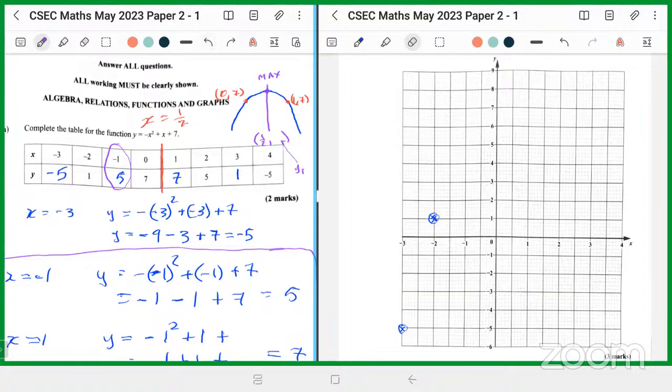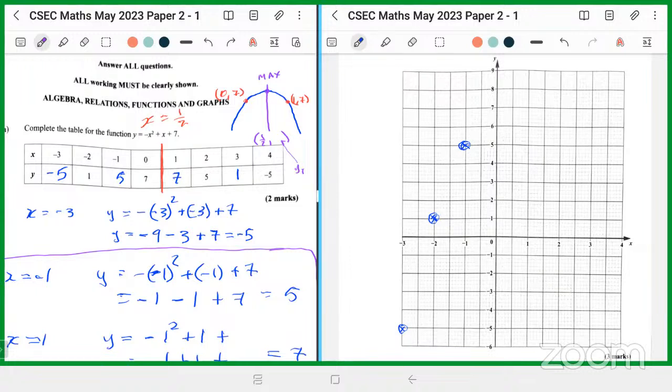Negative 1 is the x value, 5 is the y value. We go up to 5 right up here. That's the point we're talking about. Are you okay with that? Yes, sir.